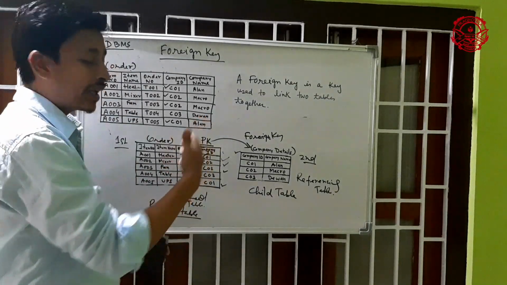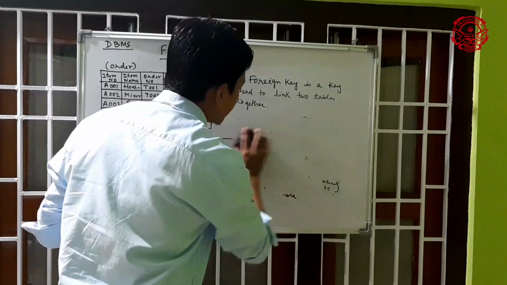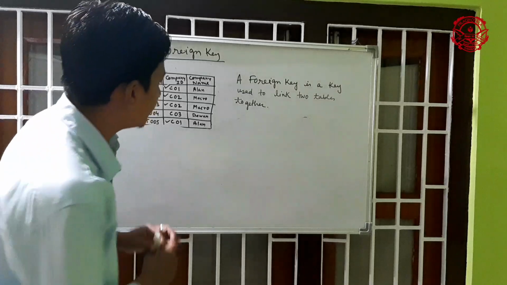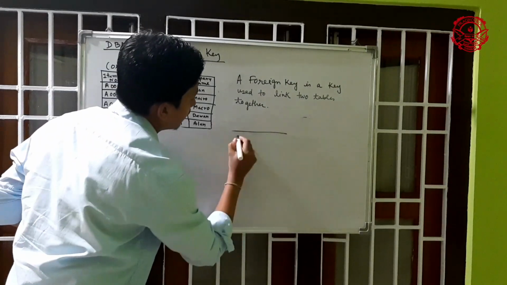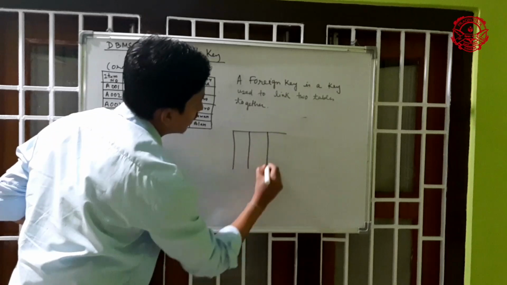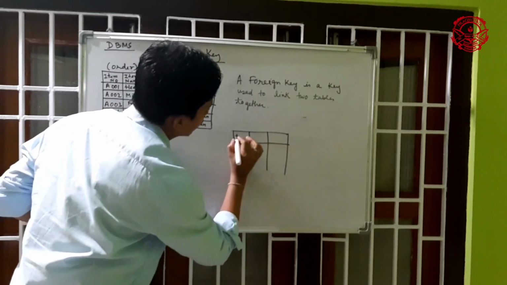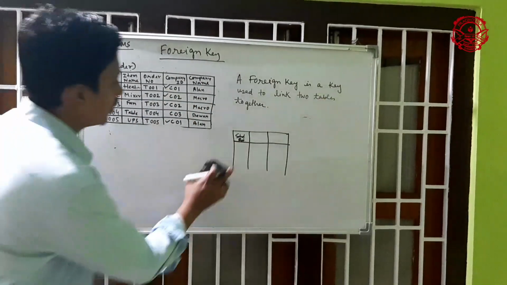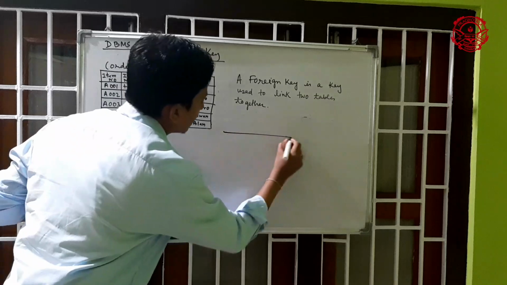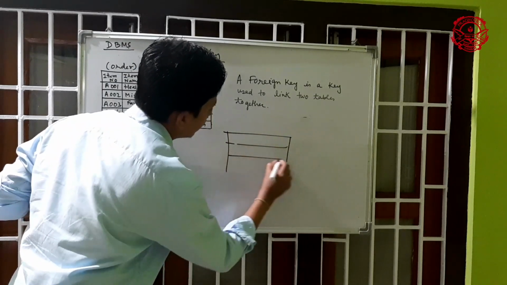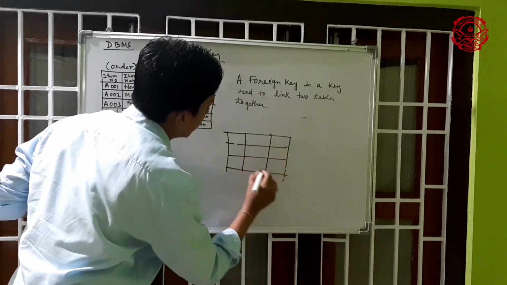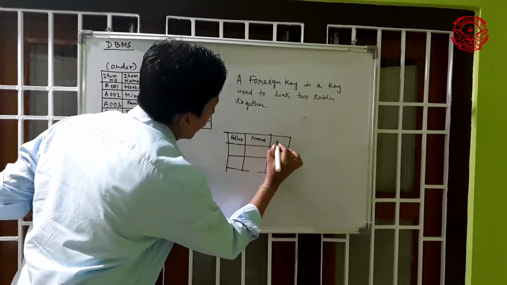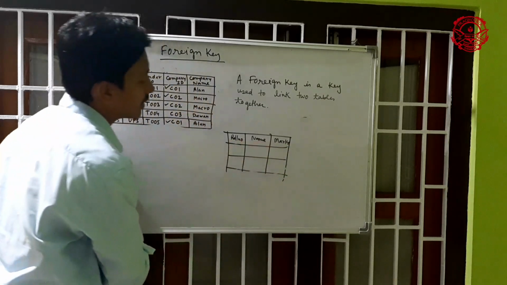Now I am going to give another example. For example, this is the student table with roll number, name, and marks.